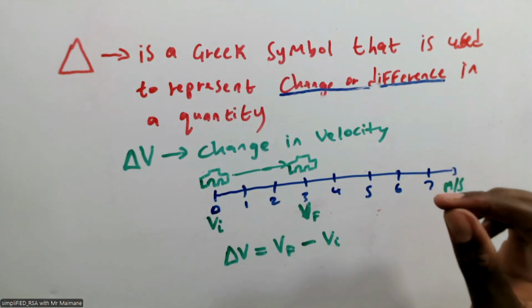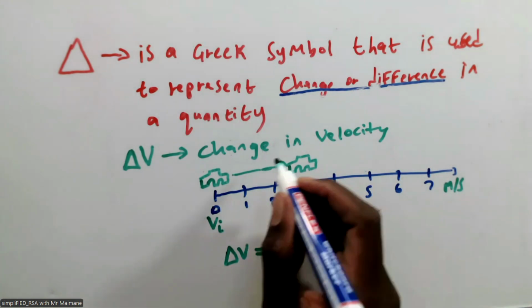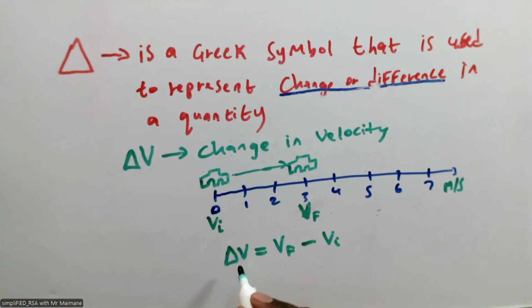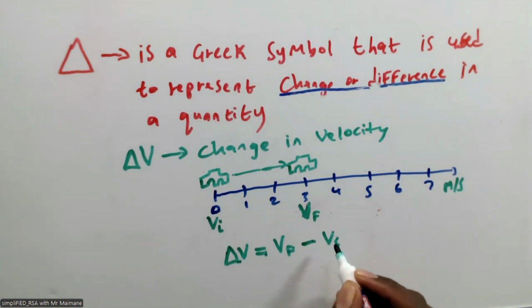Even if you get a negative value, it is understandable because you are talking about vectors. Vectors have directions, either positive or negative, whereby negative direction represents the opposite direction. So don't worry about that. Whenever you are calculating change, it is always going to be final minus initial.